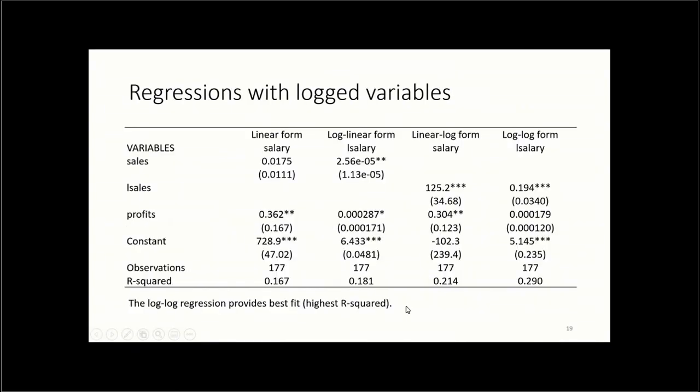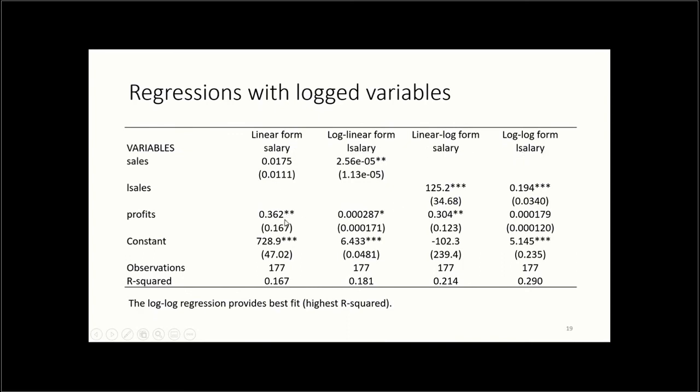So if we estimate regression models of, again, salary on sales, we have all of the four combinations here: salary is not logged and here is logged, and here sales is not logged and here sales is logged. So if we look at all of these combinations, we have the linear form, the log linear, the linear log, and the log log form.